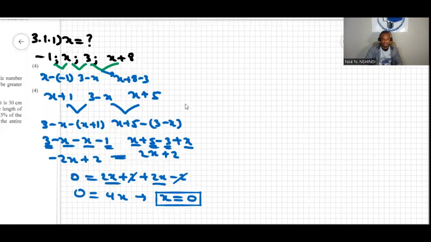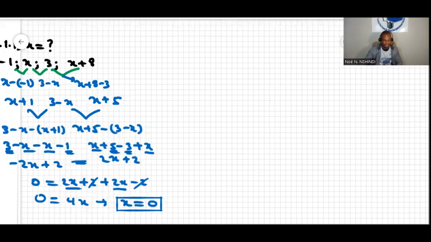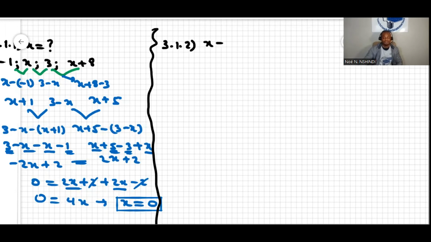Now I'm going to write my question over here. It's question 3.1.2. It is given that x is equal to 0. Therefore, the pattern can be written as -1, 0, 3, and then 8.